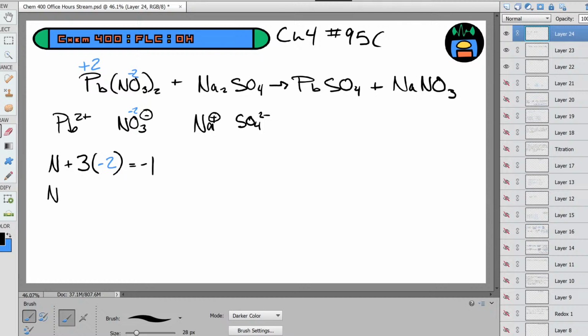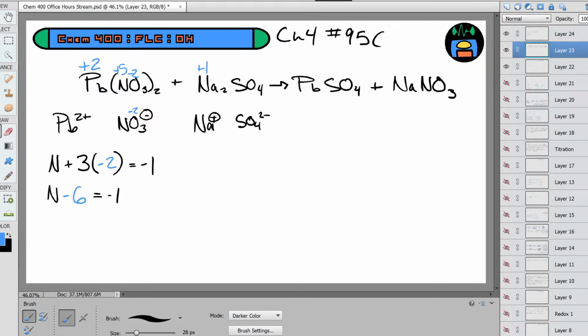So nitrogen -6 equals -1. So the nitrogen in nitrate will have an oxidation state of +5. Sodium, because it's the only species in sodium cation, will have a charge of +1.